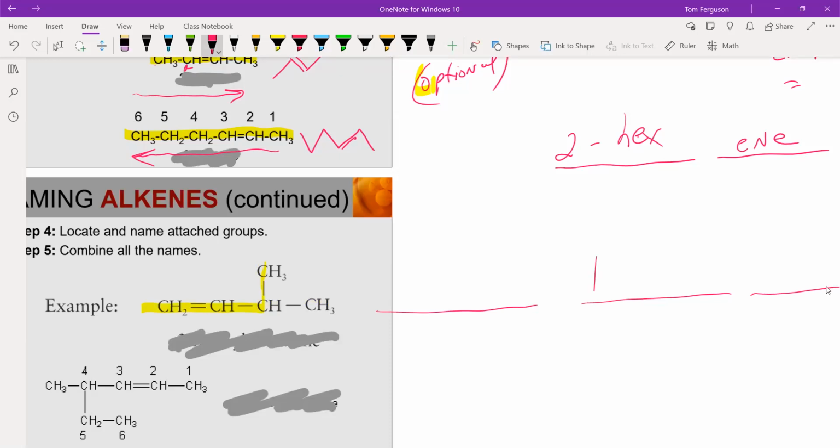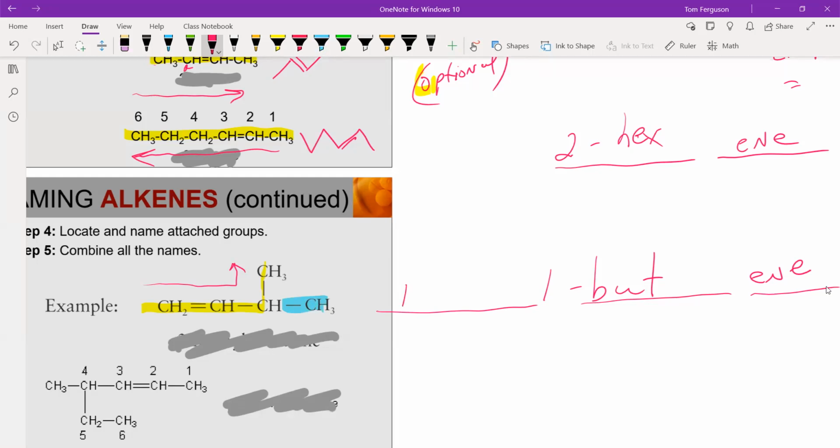We're back to the buta, and it's a double bond, so that's an ene. It's butene, and we're numbering starting here going this way. So that's carbon number 1, so it's 1-butene. And we have a branch there.